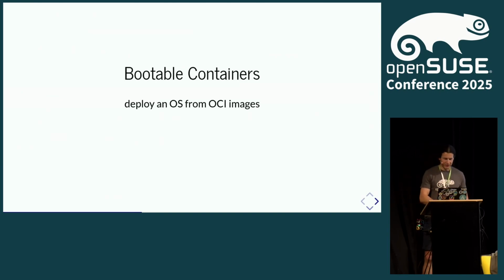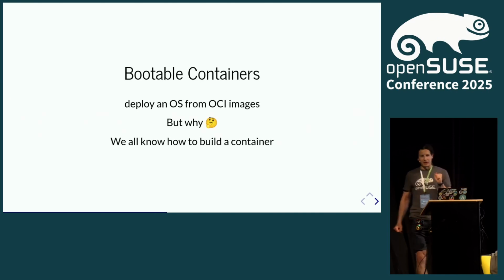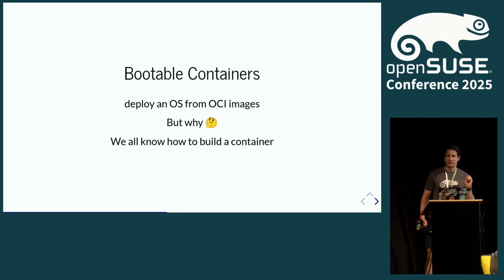Now you might ask yourself, why on earth would you do that if we have qcow2, and that worked for the past 20 years? One reason is that probably most of us know how to build a container image and can whip out a Dockerfile in a minute or two.